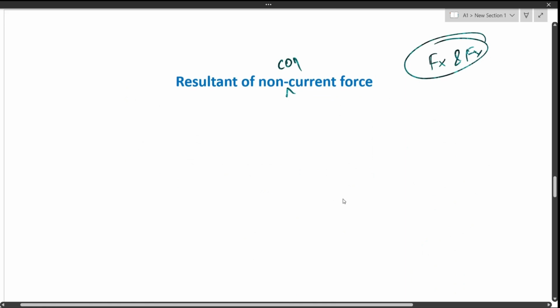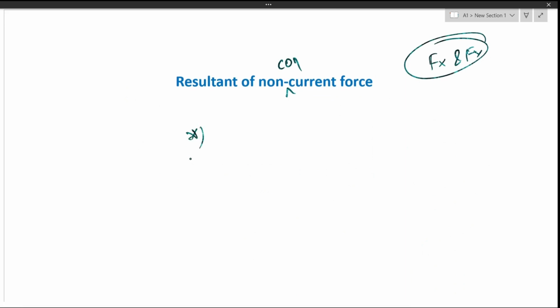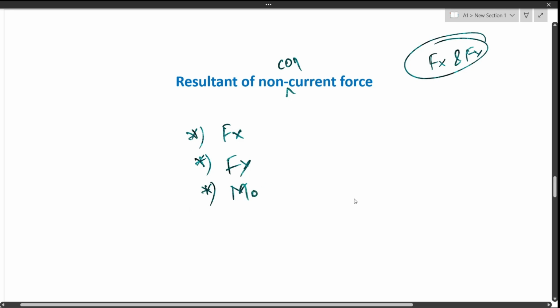So while finding the resultant of a non-concurrent force system, we need to find Fx, the resultant force in the x direction, Fy, the resultant force in the y direction, and the moment about the point.